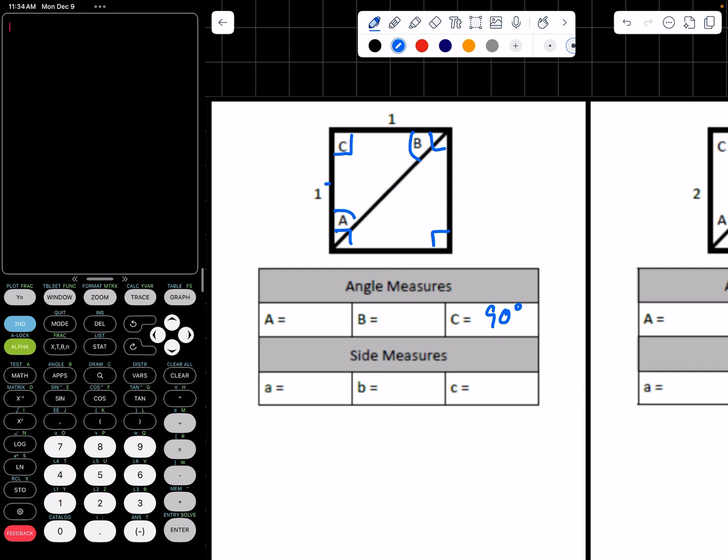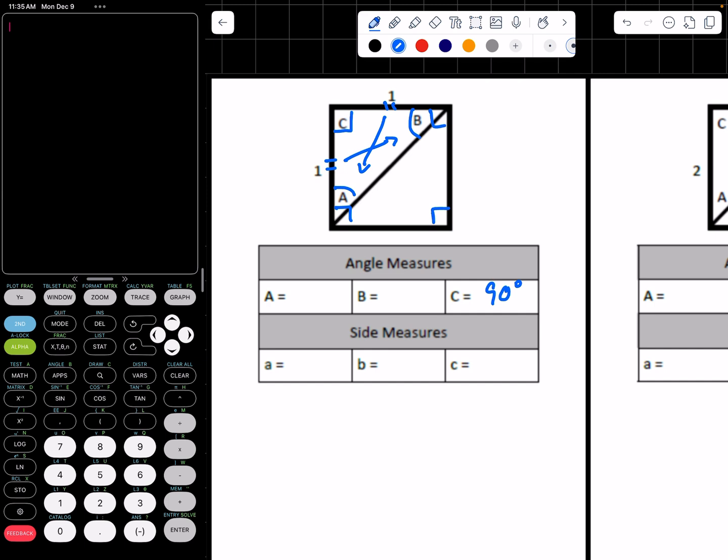I also know here that because these two sides are both congruent, then these opposite angles are going to be congruent. And one way I can figure it out, if I don't know off the top of my head, is logically: if I know that angle A plus angle B plus angle C equals 180, and I know that angle C equals 90 degrees, I can subtract this out.